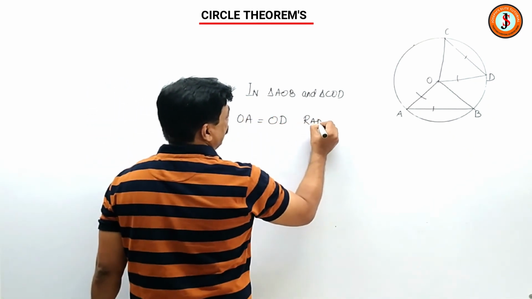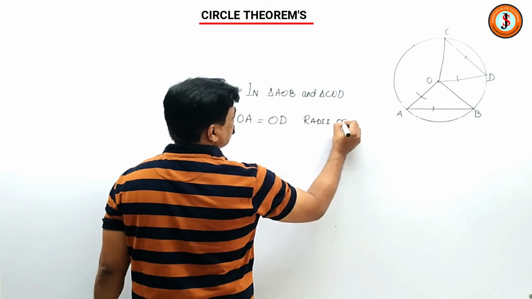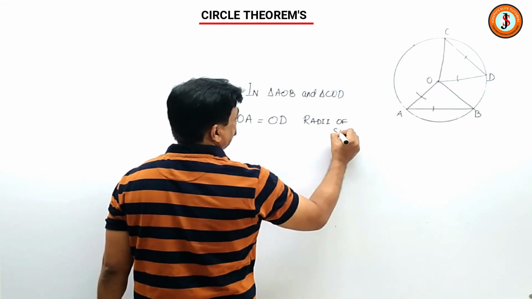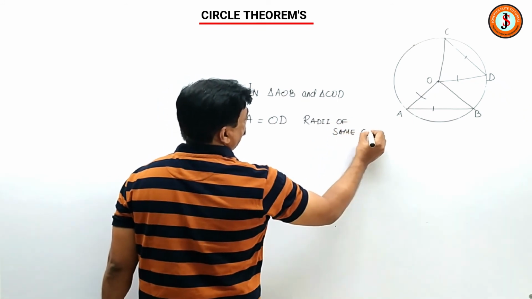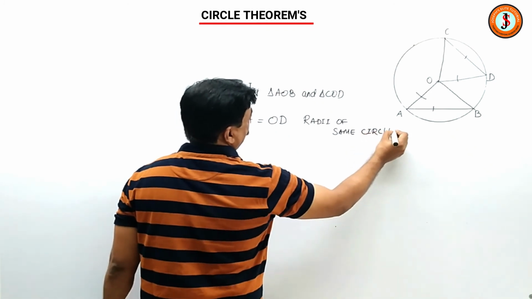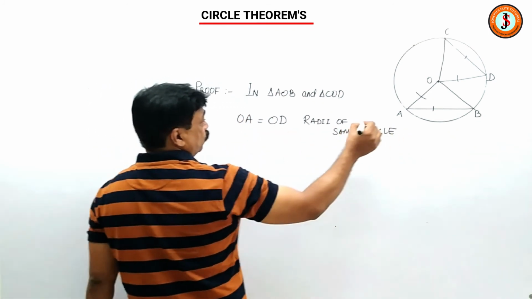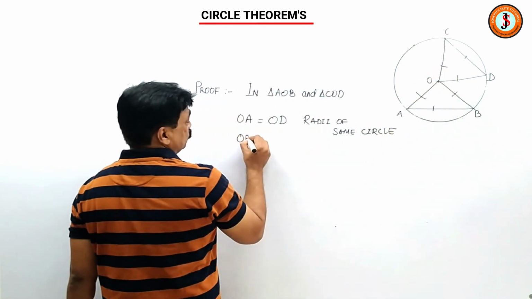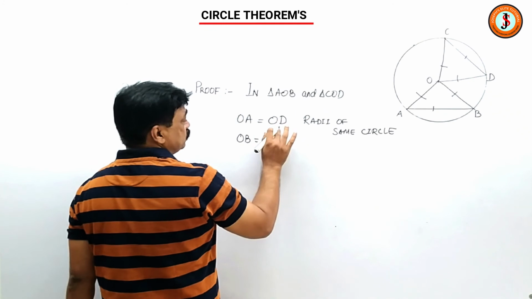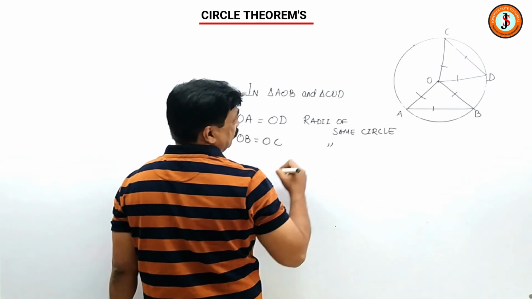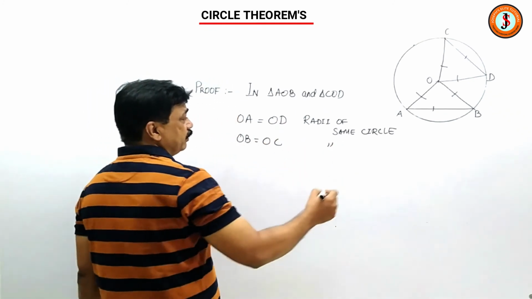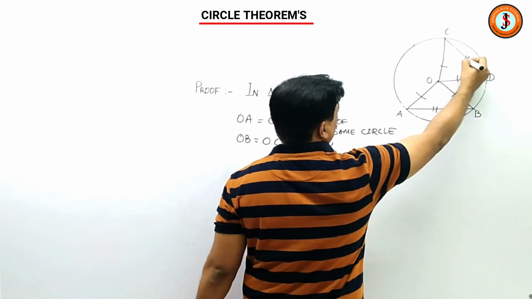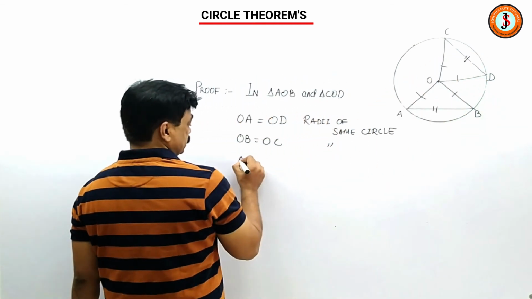Reason: radii of same circle. Then OB is equal to OC. Same reason. And then chord AB is equal to chord CD. This is given.